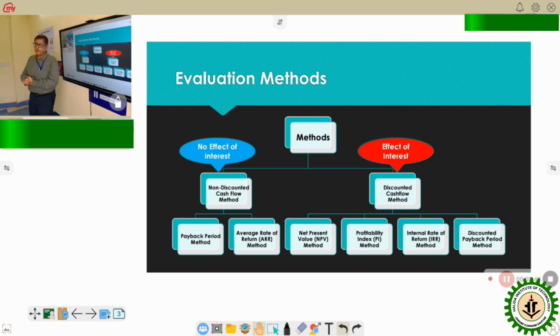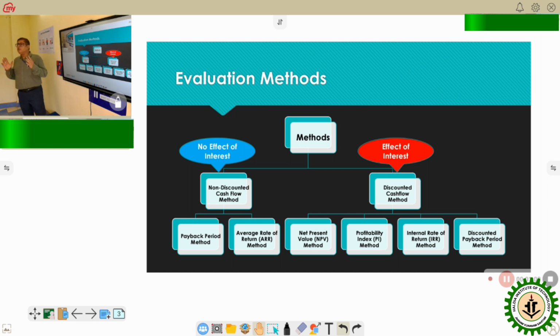So the evaluation methods are classified into two categories. One is the discounted cash flow method and the other is the non-discounted cash flow method. So you may ask how we separate the discounted cash flow method and non-discounted cash flow method. It's easy.